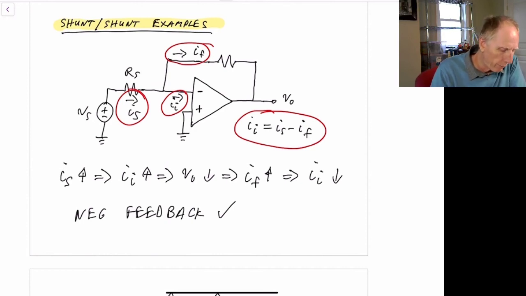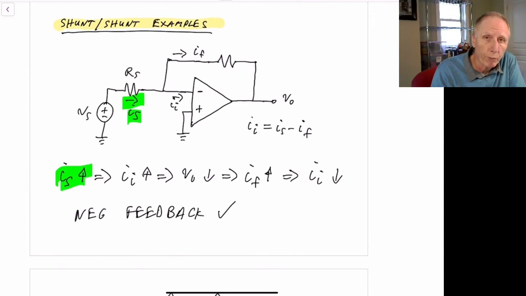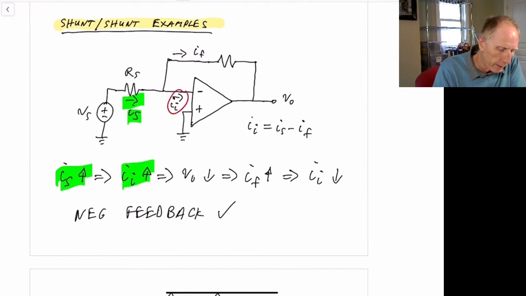And once again, looking for negative feedback, if we increase the current I sub s, and I sub f remains unchanged, then the input current, or the error current I sub I, will increase. An increase in this current here will cause this to go up, which will cause Vout to go down.